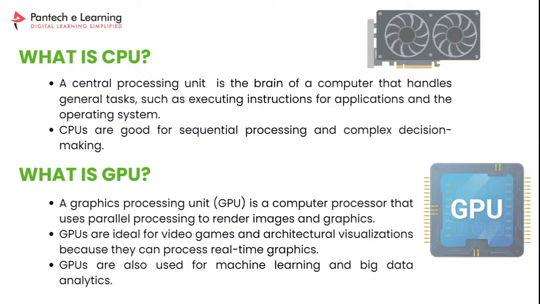CPUs are good for sequential processing and complex decision making. CPUs can render detailed scenes regardless of the amount of data, because they have access to the system's RAM. A GPU, or graphics processing unit, is a computer processor that uses parallel processing to render images and graphics.